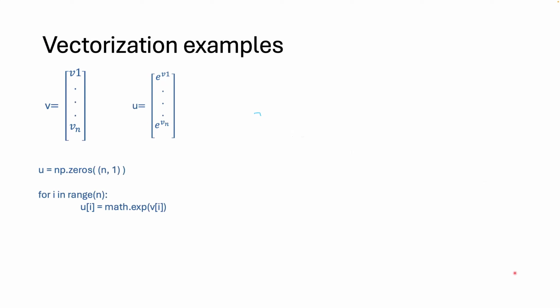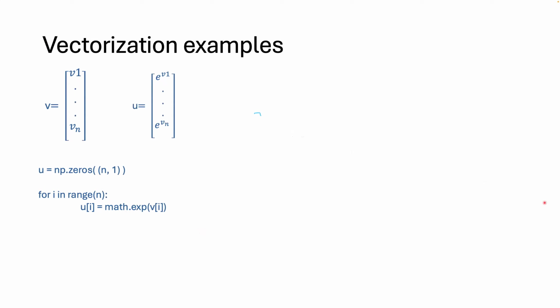Let's show you the non-vectorized implementation. For i in range of n, u[i] will be math.exp of v[i]. We're not really using NumPy here, we're just initializing the vector of zeros to be n-dimensional, n rows with one column, and then we're still using a for loop.